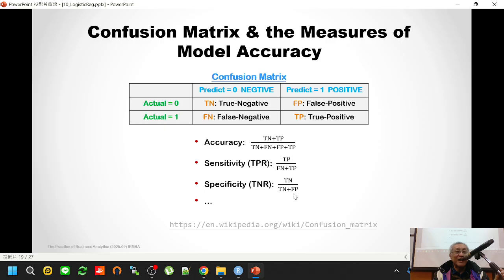As you can see, the denominator is TN plus FP, so it's this row, which means that given that a subject is actually 0, the percentage that we can specify as negative. So in this case, when it is 0, I want to very specifically detect the 0, right?